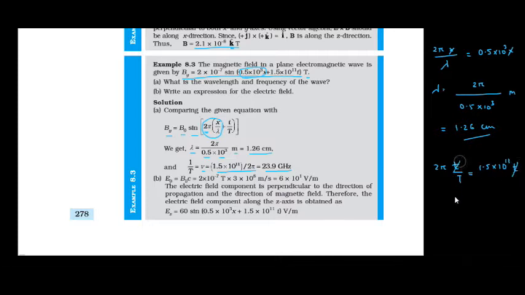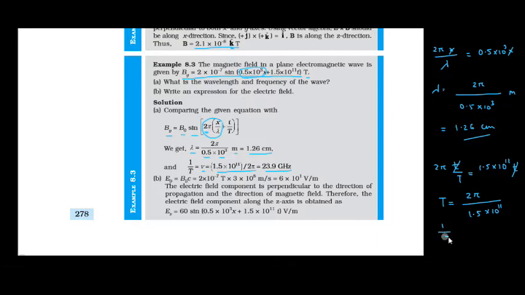Cancel it. Now t will be equal to 2 pi upon 1.5 into 10 to the power 11.